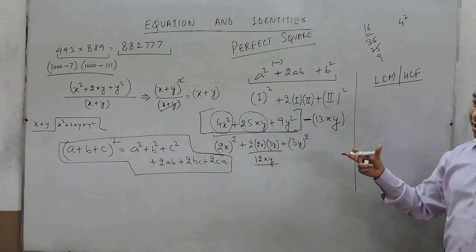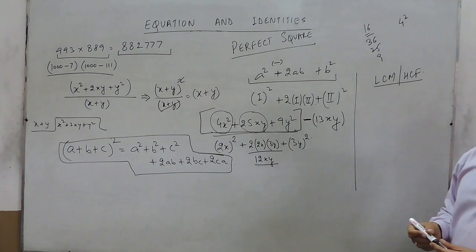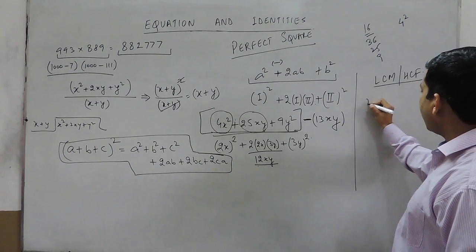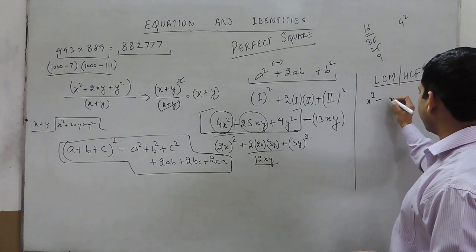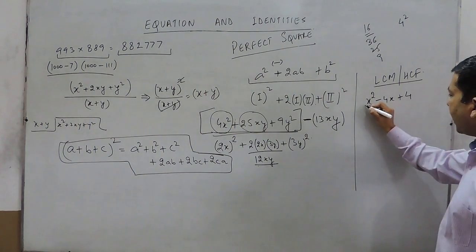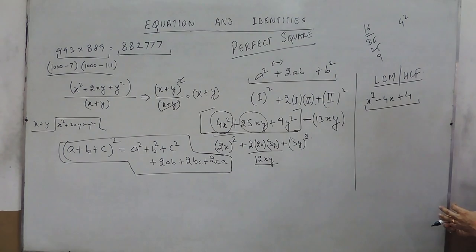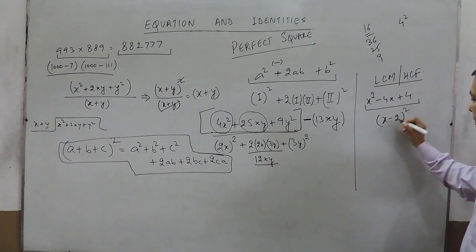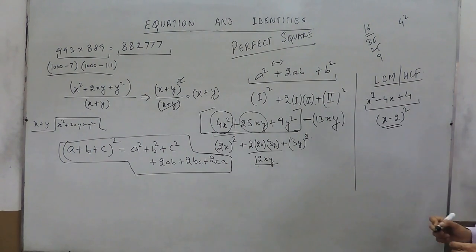If we have a complete equation, we have to divide it into different factors. For example, I am saying x square minus 4x plus 4, and I want to write it in the perfect square format. It is x minus 2 whole square. We can directly put it this way.